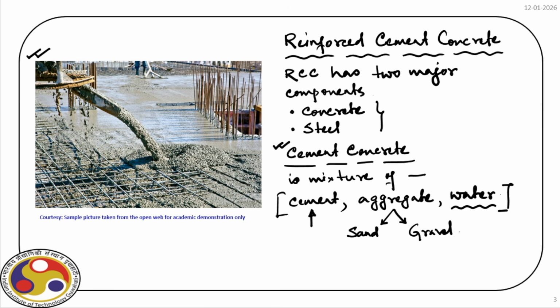Within the formwork, steel rebars are placed and then this concrete is poured and then with time it sets. So initially, cement concrete is a plastic mass that gradually hardens over time, right? Gradually hardens.